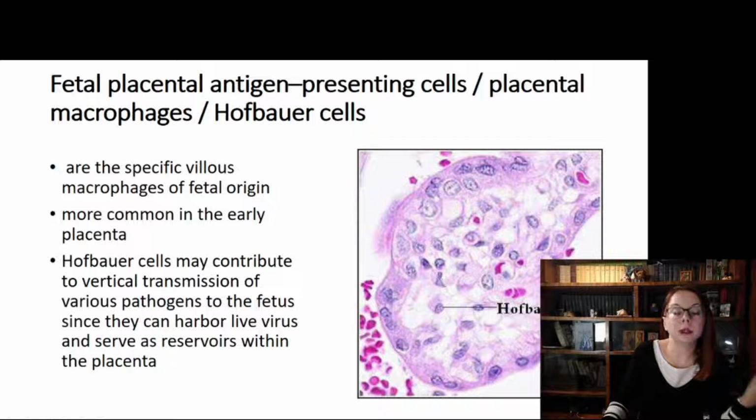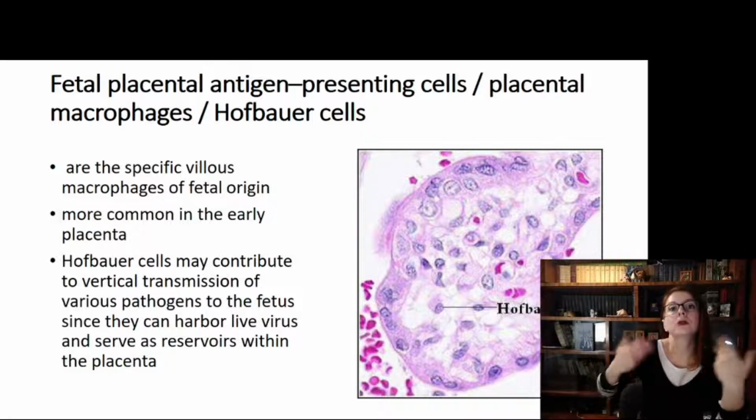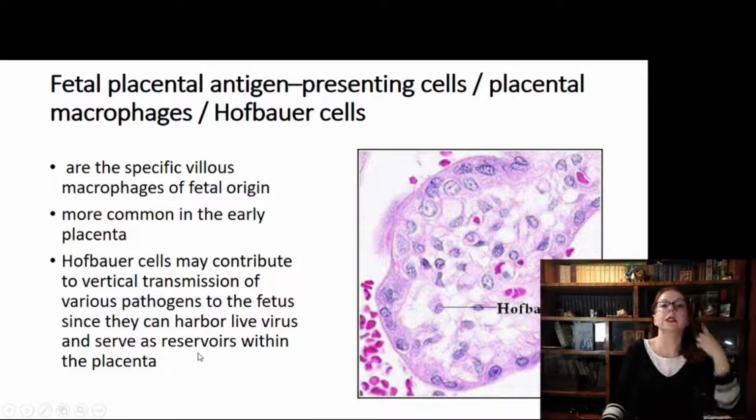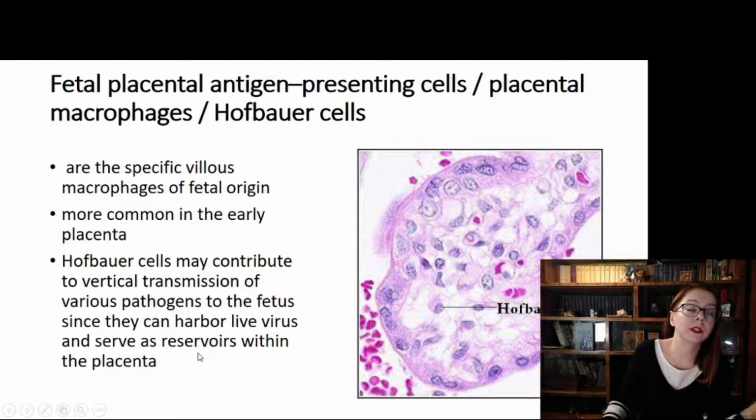Then, they are antigen presenting cells, so their function is to engulf the antigen and to present it on their surface. So they have major histocompatibility complex type 2 receptors there, and they are more common in early placenta, but what has the clinical aspect is that such cells could be used to transfer different types of viruses.